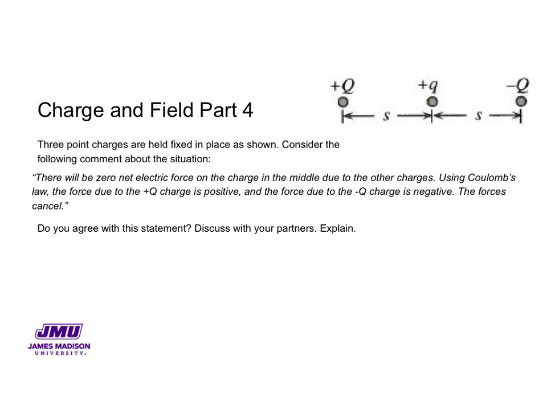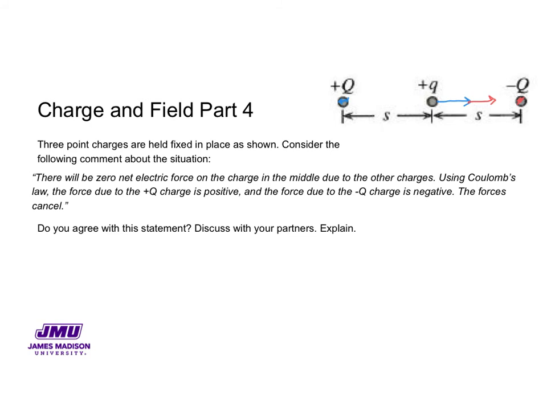So this positive Q pushes this other positive Q in this direction, and then this negative Q pulls this positive Q in this direction. And if you were to do the calculations, you would find that the blue force vector is a positive value by Coulomb's law, and the red force vector is a negative value by Coulomb's law.